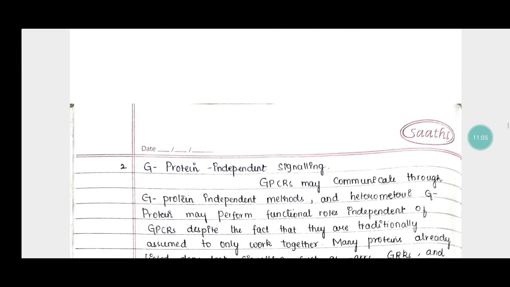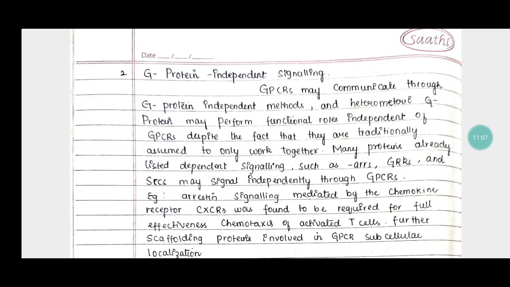Number 2 is G protein independent signaling, where G protein coupled receptors may communicate through G protein independent methods, and the heterotrimeric G protein may perform functional roles independent of GPCRs, despite the fact that they are traditionally assumed to only work together.